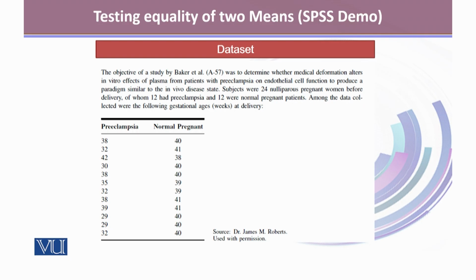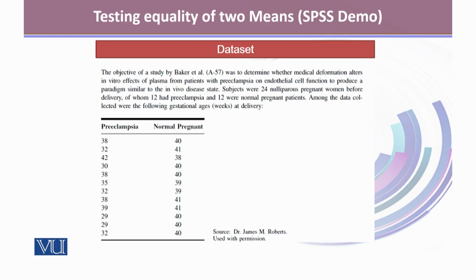Subjects were 24 pregnant women before delivery, of whom 12 had preeclampsia and 12 were normal pregnant patients. Among the data collected were the following gestational ages, measured in weeks at delivery.